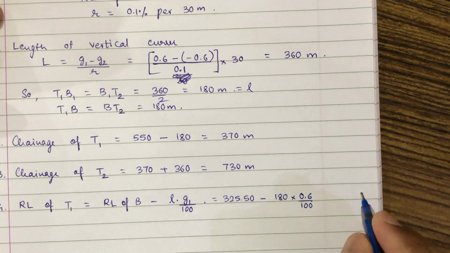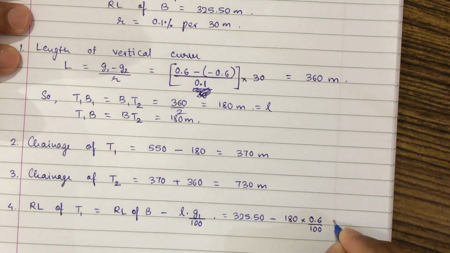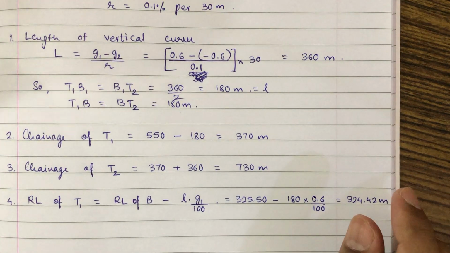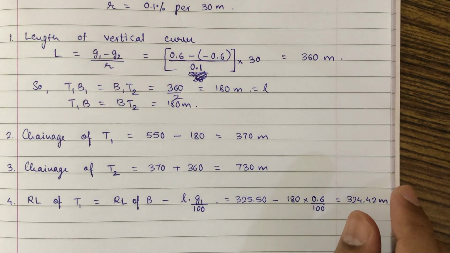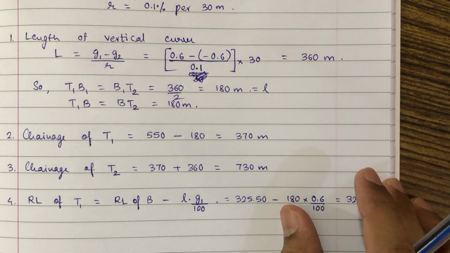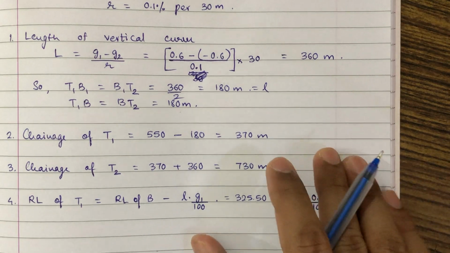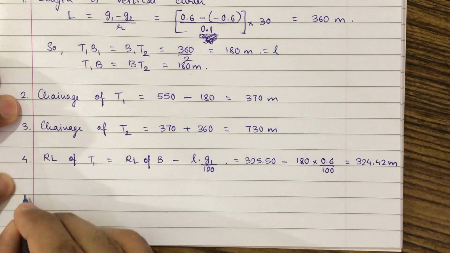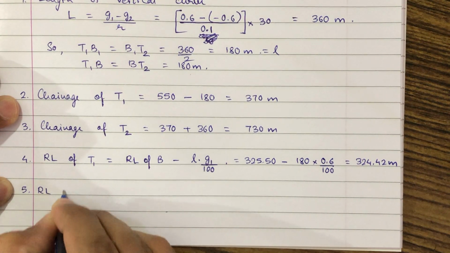So RL of T1 comes out to 324.42 meter. Next, after RL of T1, we need to calculate RL of T2.